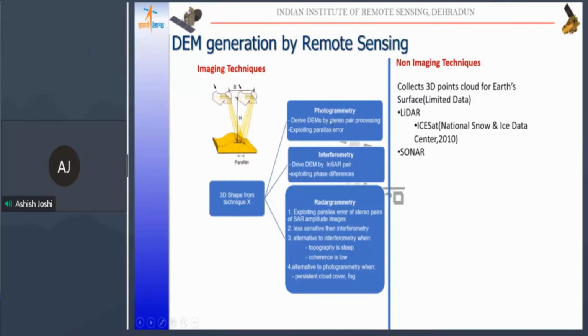As we have seen in photogrammetry, we have stereo pairs. From the stereo pairs, we compute the parallax, and from the parallax, we can derive the height of features on the Earth's surface.